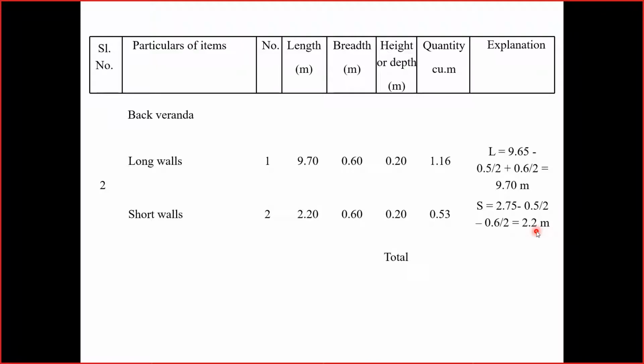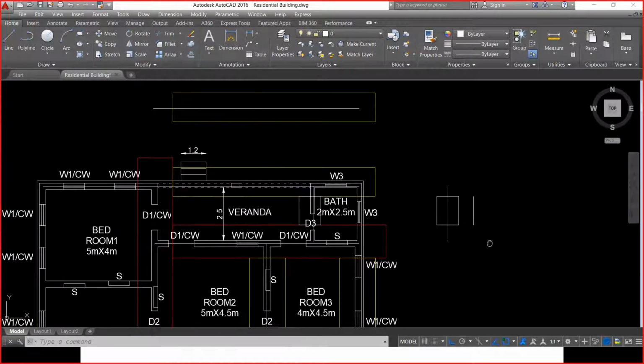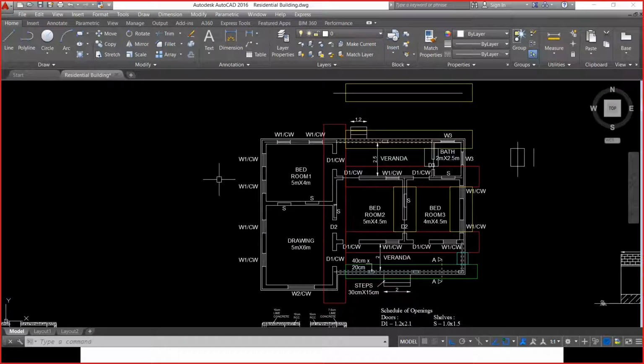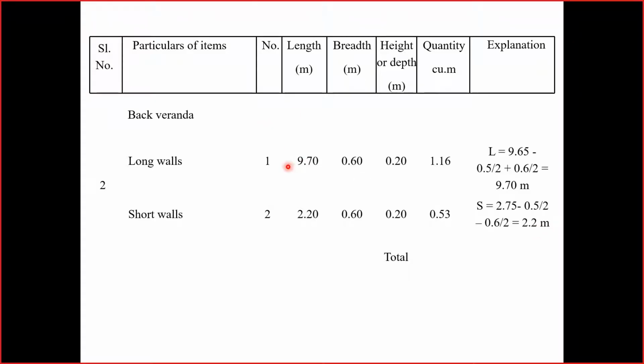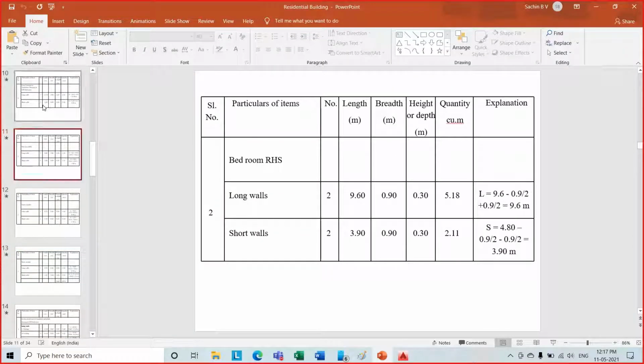Now after this, I can calculate the total quantity because we have done the calculations for area 1, 2, 3 and 4. All the areas are done and the total quantity is given by the summation of these things.